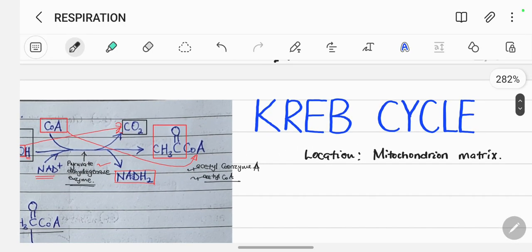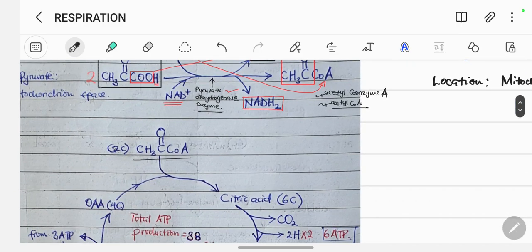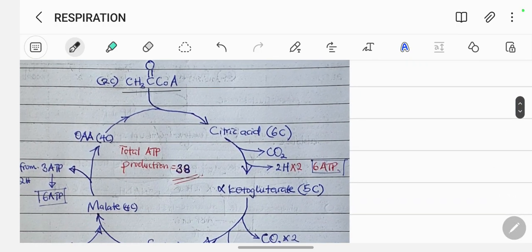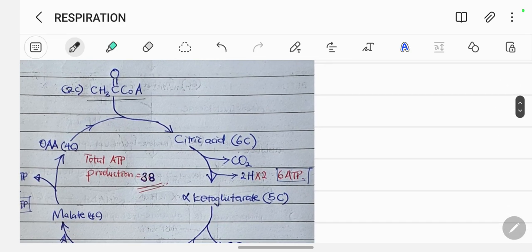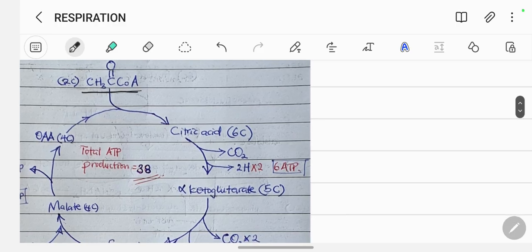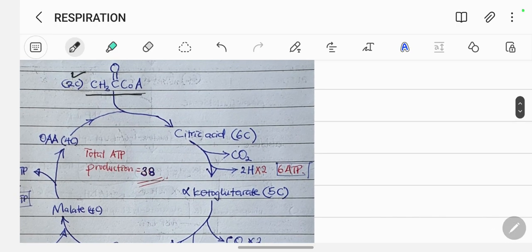So that's where specifically the Krebs cycle is going to be. So under this, we are going to insert there our coenzyme A, 2 carbon atoms.